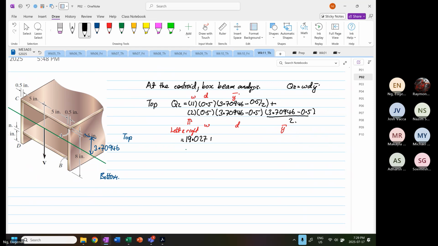19.027 plus 3.70946 minus 0.5, left and right equation are the same, squared divided by 2 times 0.5 times 2 is equal to 5.1503.